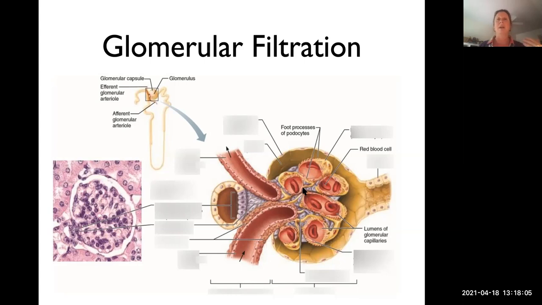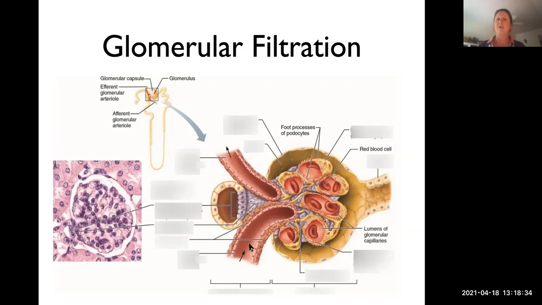When we need to speed it up or slow it down, we use the same idea that I just talked about with the afferent and the efferent arterioles being different diameters. If I need to increase filtration, I can increase the diameter of the afferent arteriole and send more fluid in, increasing hydrostatic pressure and increasing filtration. I would also constrict the efferent.